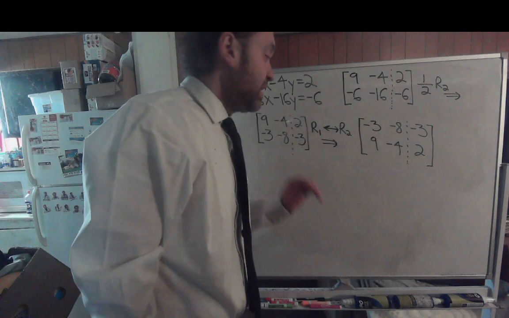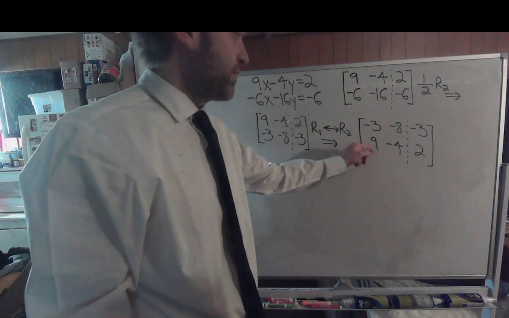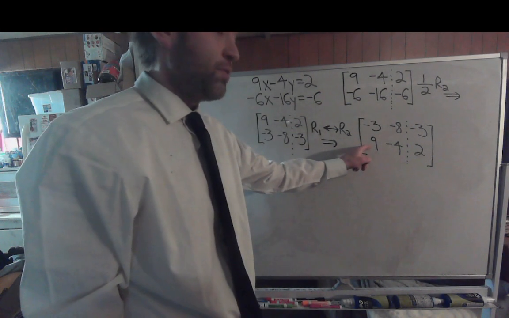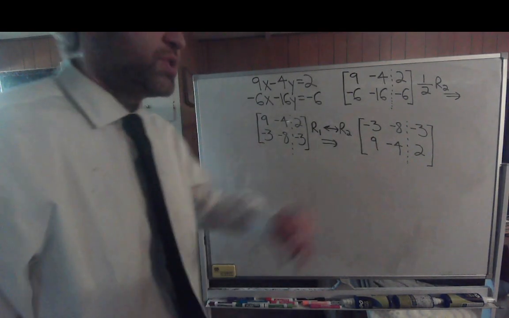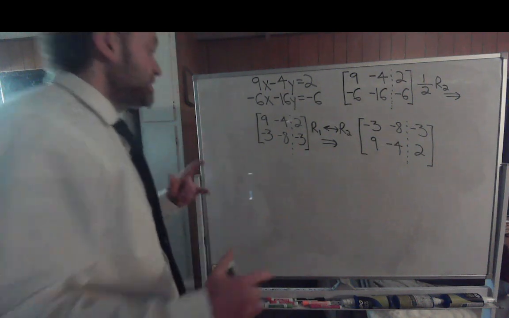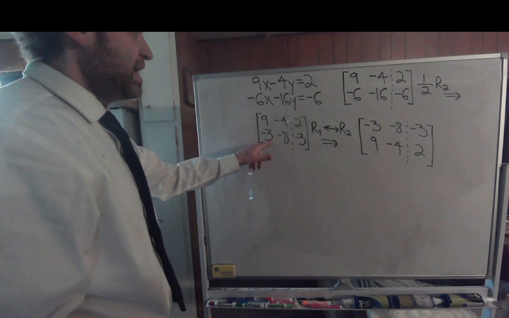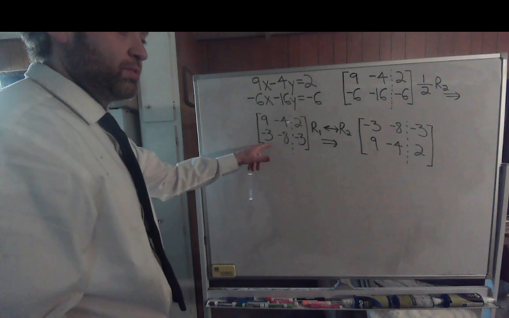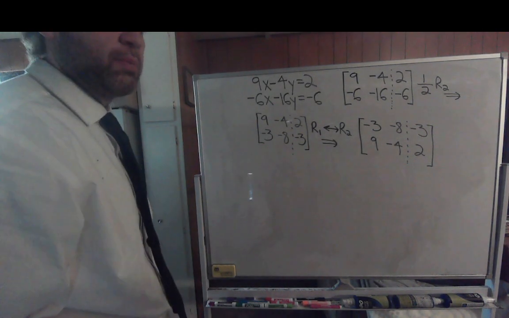It's going to be a lot easier this way, because now to make that first digit in row 2 0, all I got to do is take 3 times row 1 and add that to row 2. Had we not done that, I would have been taking row 1 and adding that to -3 times row 2, which to me seems a little bit tougher and you're more likely to make mistakes.